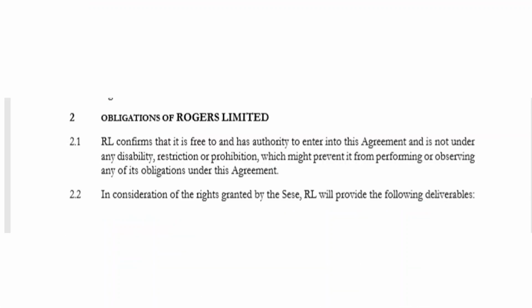After the interpretation section, the next step is for you to describe the obligations of the parties to the partnership. Remember, in this particular example, our two partners are Rogers Limited and Sese PLC. As you can see already, these are the obligations that Rogers is supposed to fulfill as far as the partnership is concerned.